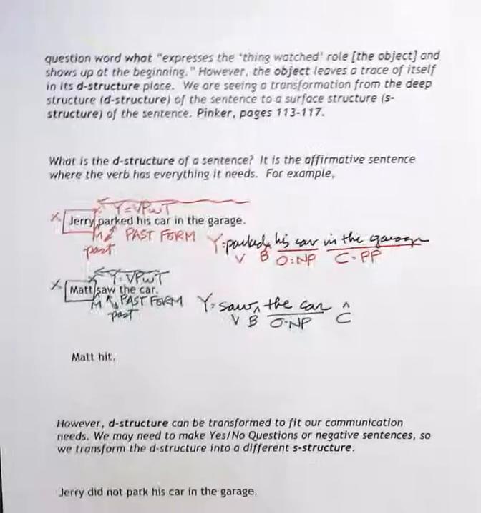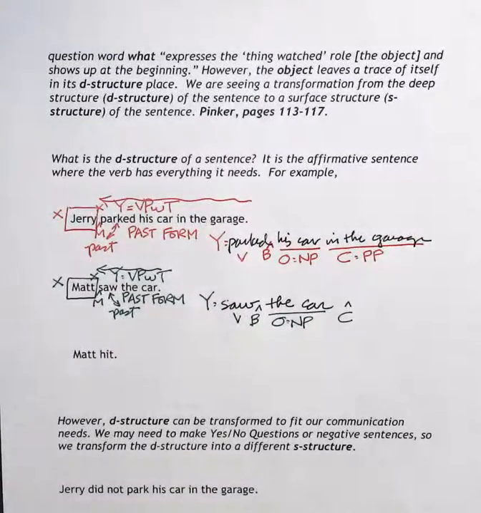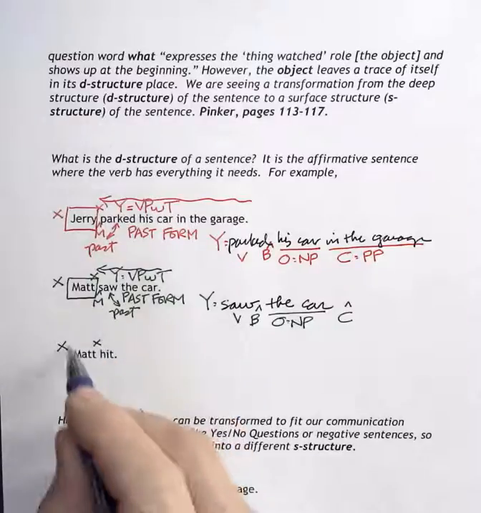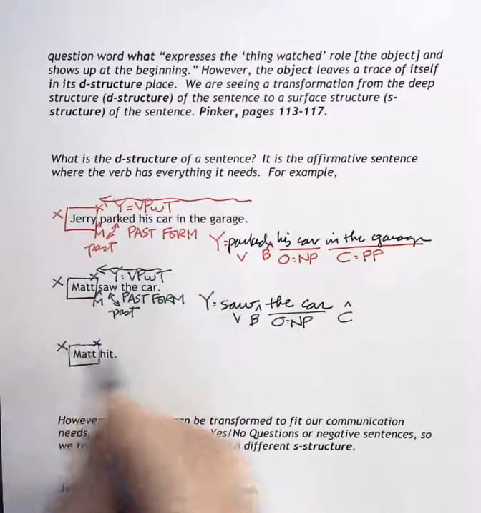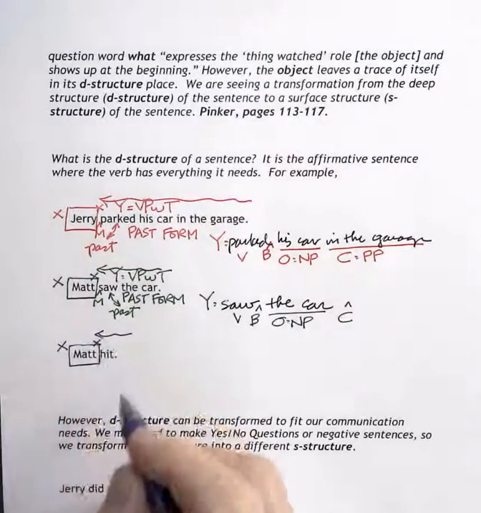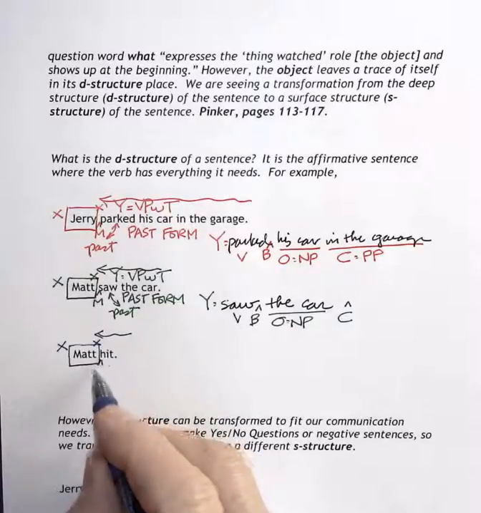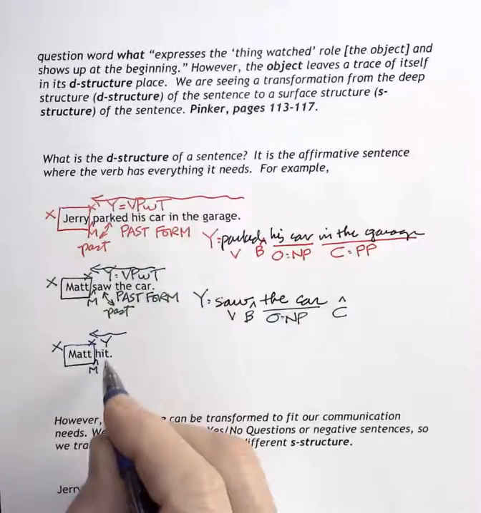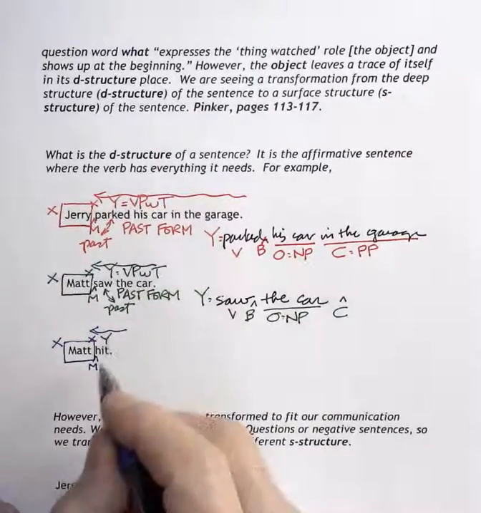Let's take a look at one more. Matt hit. So Matt is the subject. Hit is the predicate. M place, Y. Hit ties with the past.